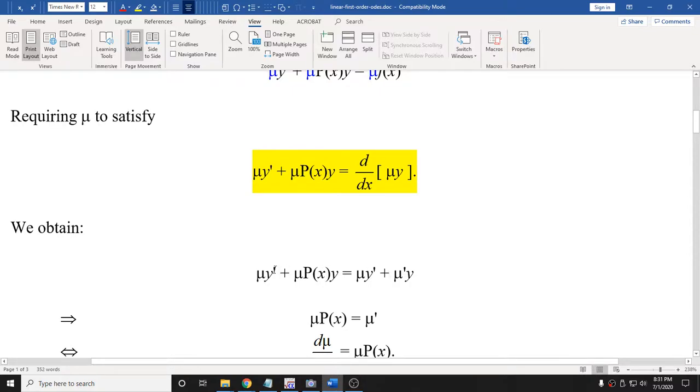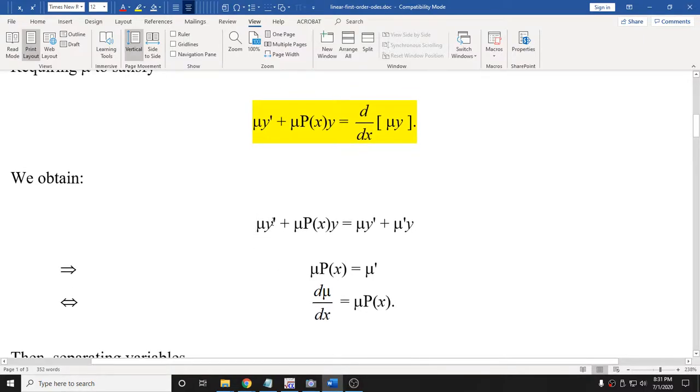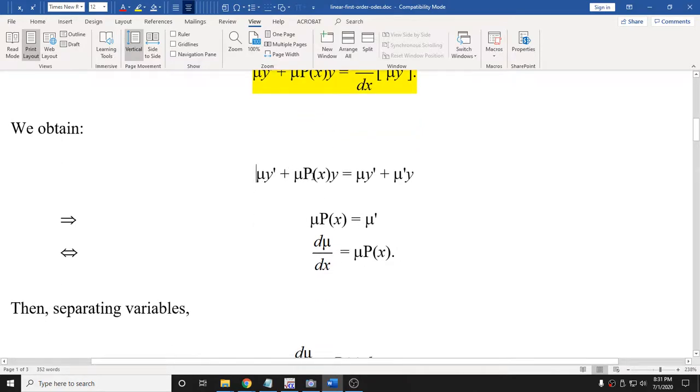Now, in this equality that we have, we can easily reduce the problem. Cancel mu y' on both sides. So we end up with mu p(x) y = mu' y. Now, in this cancellation, of course, there was also the requirement that this portion must equal mu'. So we end up with mu p(x) = mu'.